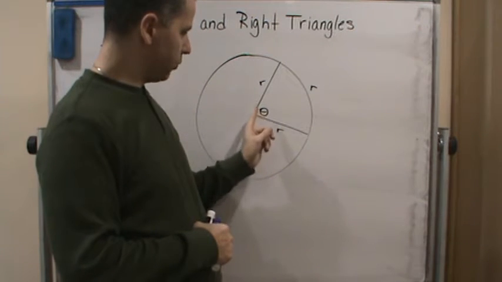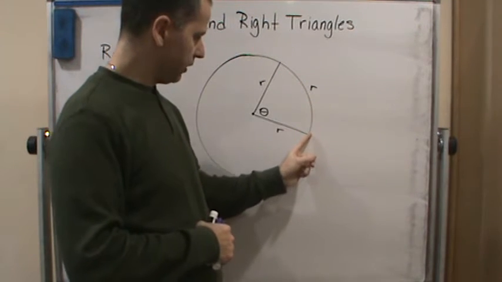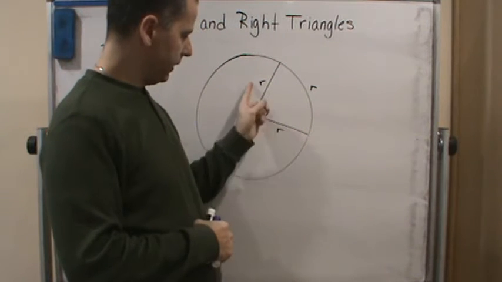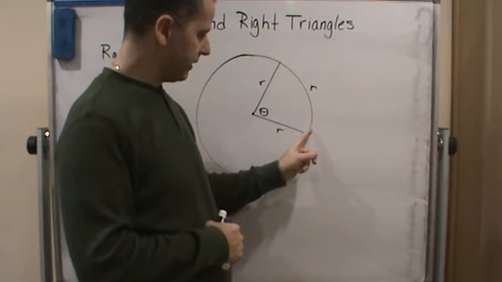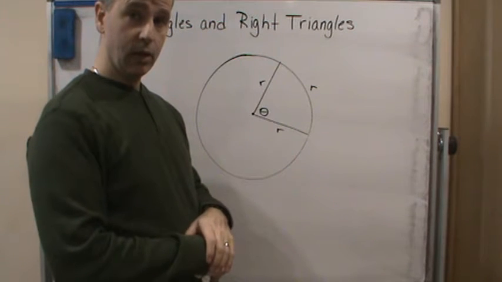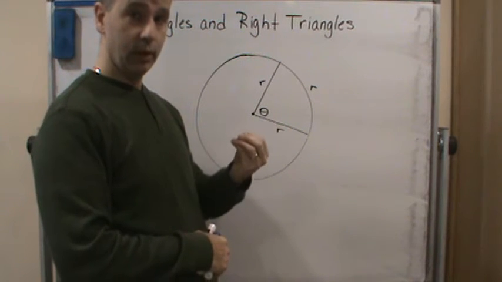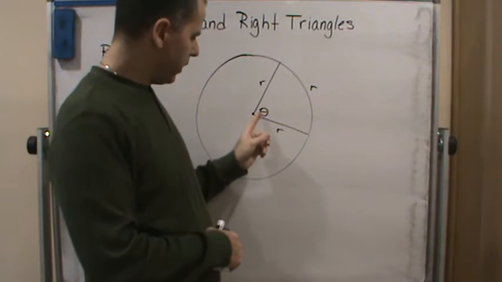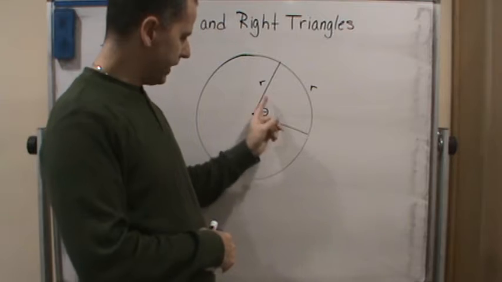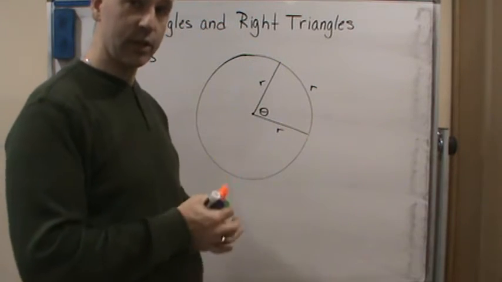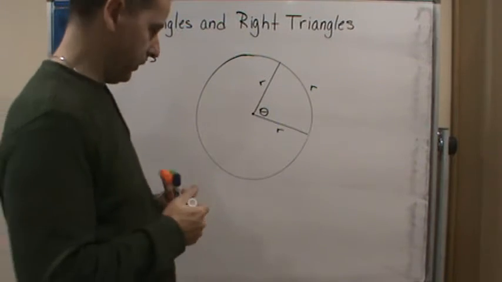So we have a situation where this section of the circle is bounded by these two radii such that this arc length is equal to the length of the radius. The measurement of that angle in this situation is called a radian.